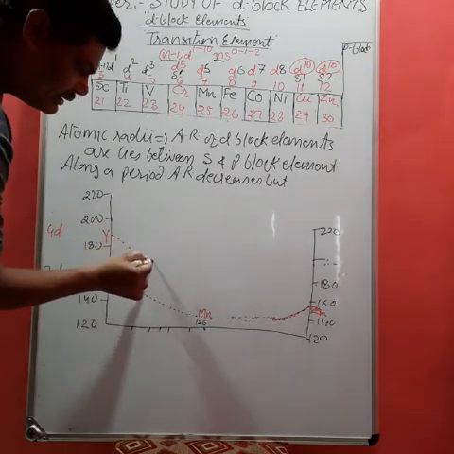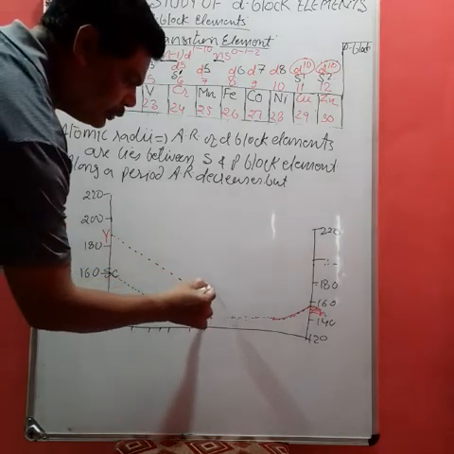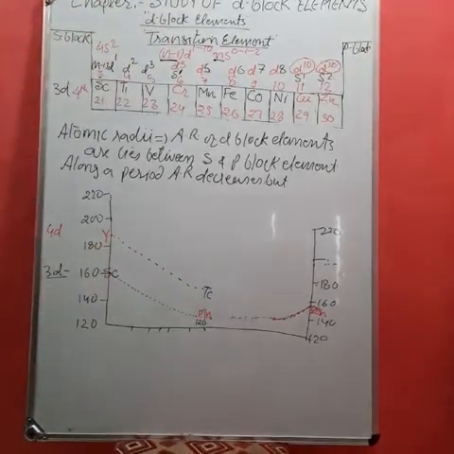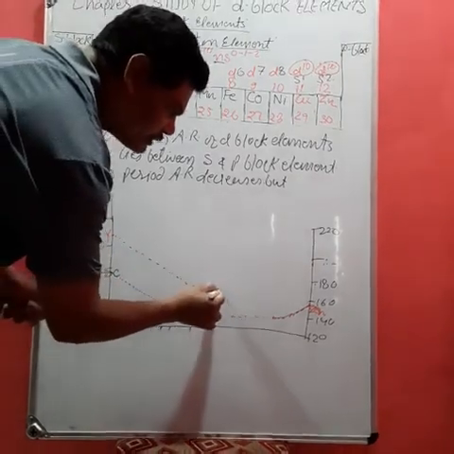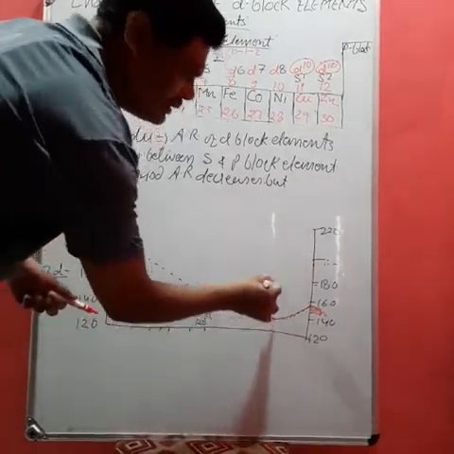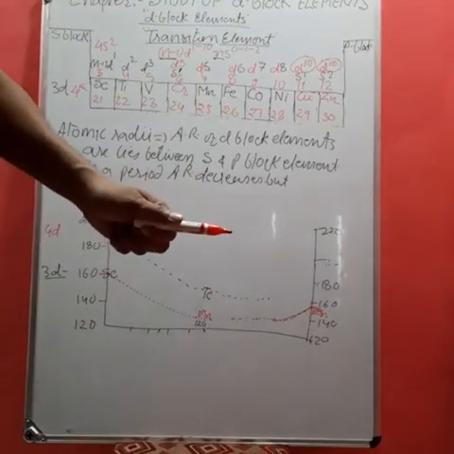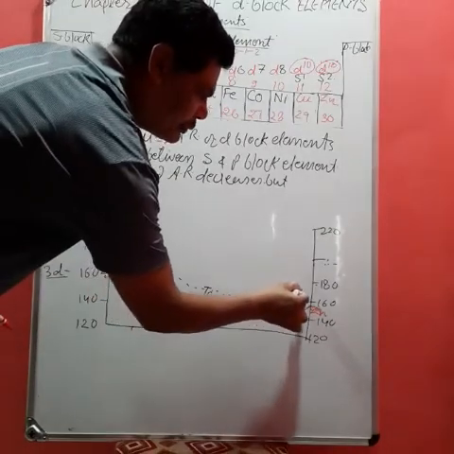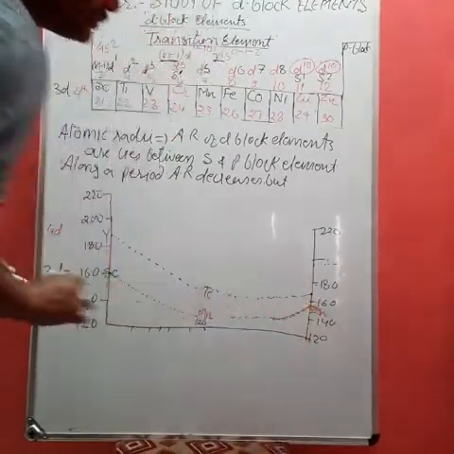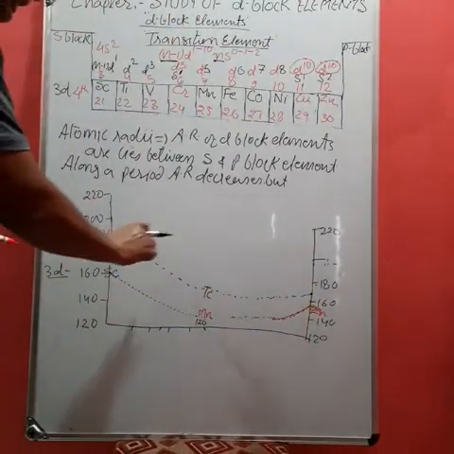Like here, up to technetium, it decreases, then it becomes almost the same, and then there is a sudden increase in the atomic size, and it increases up to this one. Isn't it? That is the same trend.